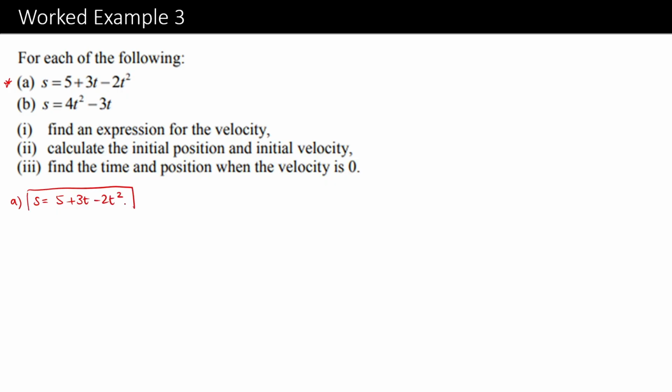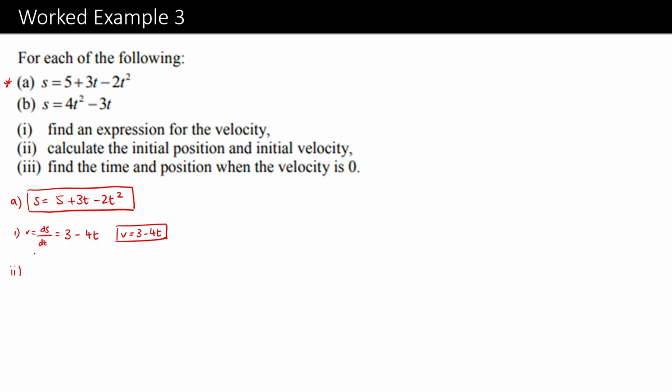It's really important that your 5s look like 5s and your S's look like S's. For part 1, I need to find V. So V is equal to differentiating S in terms of t, which gives 3 minus 4t. So V equals 3 minus 4t. There's my formula for part 1.